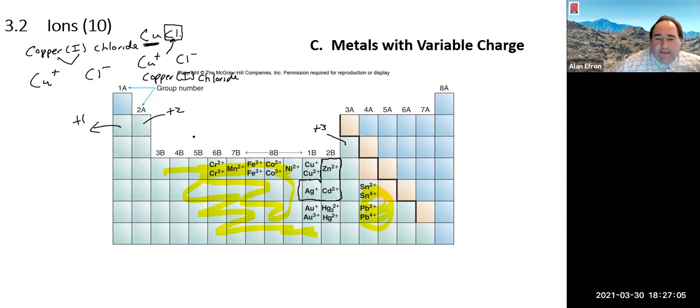Now, while we're talking about these type 2 guys, there is one that's a different one that you might think about, and that's mercury. So there's mercury 1 and then there's mercury 2. You may think to yourself, well, the guy with all the 2s should be mercury 2, and it's actually not. It says mercury 1.